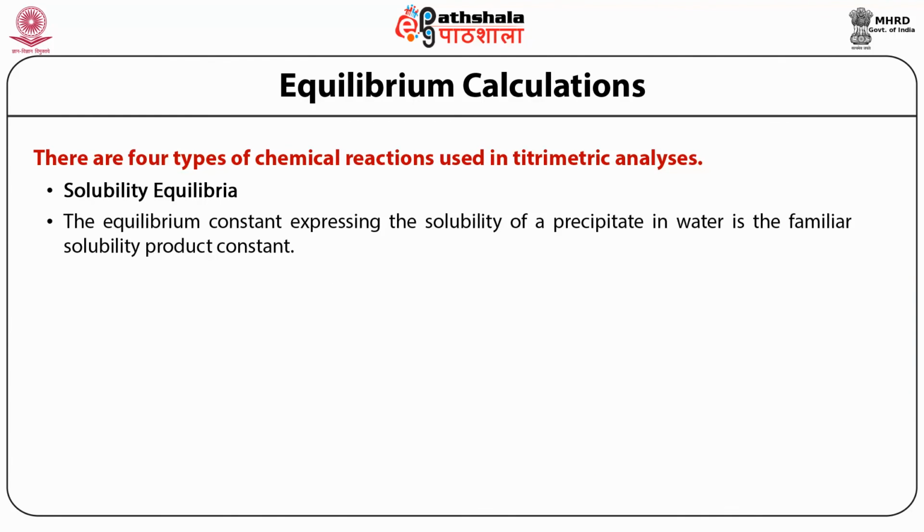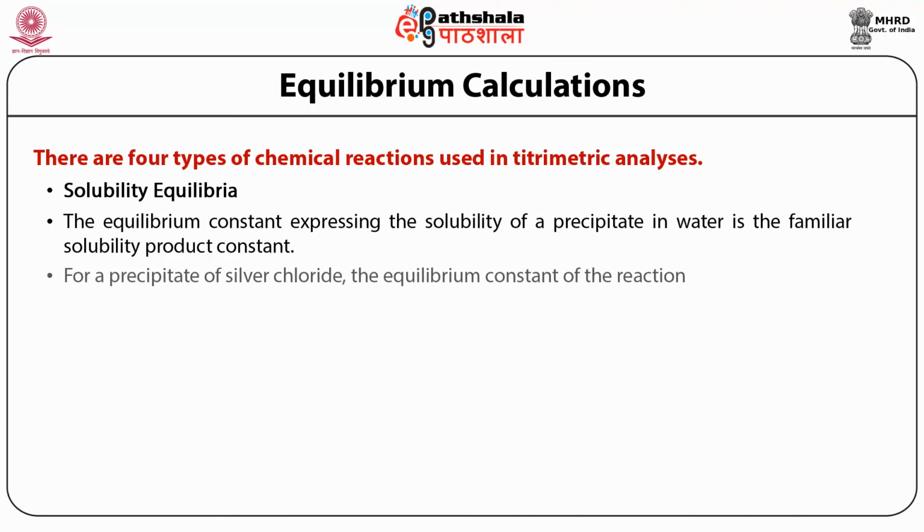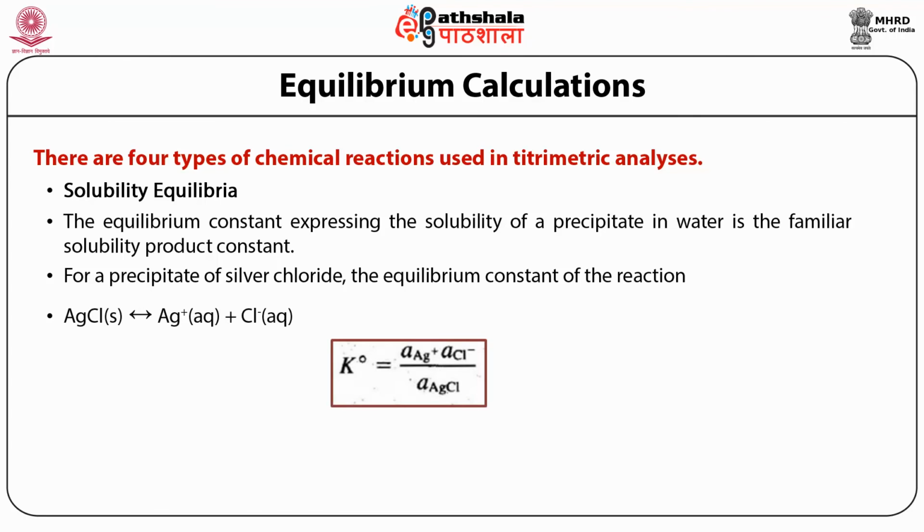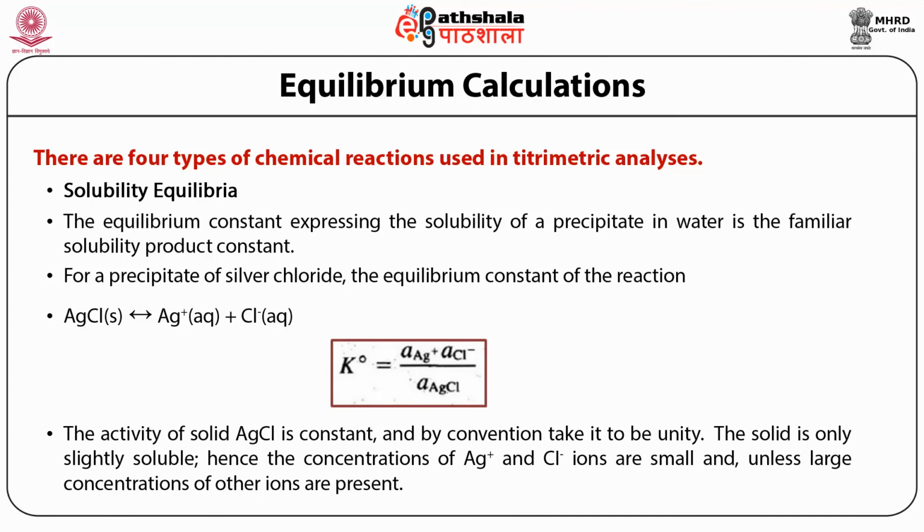The equilibrium constant expressing the solubility of a precipitate in water is the familiar solubility product constant. For a precipitate of silver chloride, the equilibrium constant of the reaction is given here in the equation, and the activity of solid AgCl is constant, and by convention we take it to be unity.